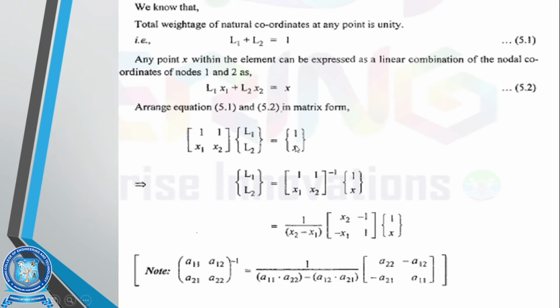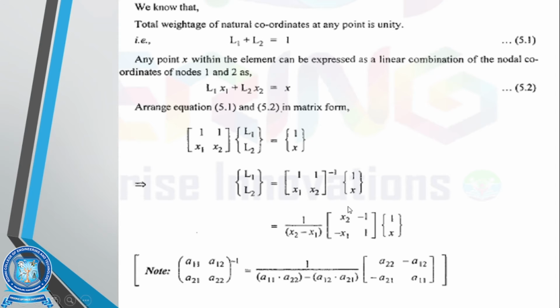Now we need to find the values of L1 and L2. So we take this matrix to the other side: vector of L1 and L2 is equal to the inverse of the matrix [1 1; x1 x2] times the vector of 1 and x. This is equal to 1 by (x1 minus x2) times the matrix [x2 -1; -x1 1] times the vector of 1 and x.